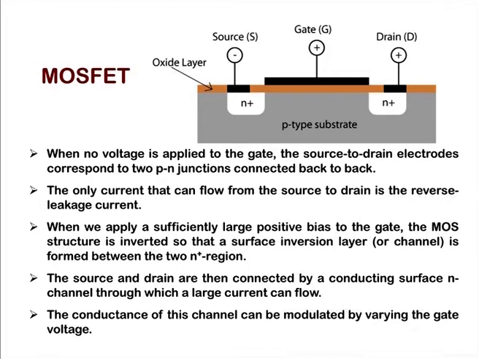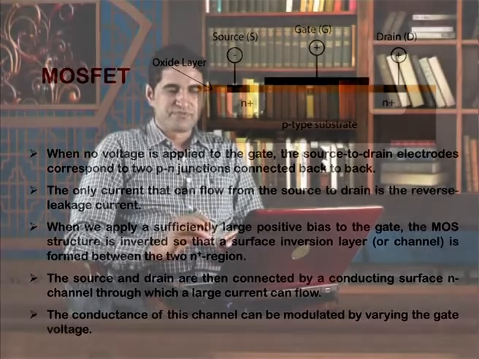So, the current flow is very high. By using this gate voltage we can tune the current between source and drain. The conductance of the channel can be modulated by varying the gate voltage, and this conductance affects the output characteristic, that is our drain current.